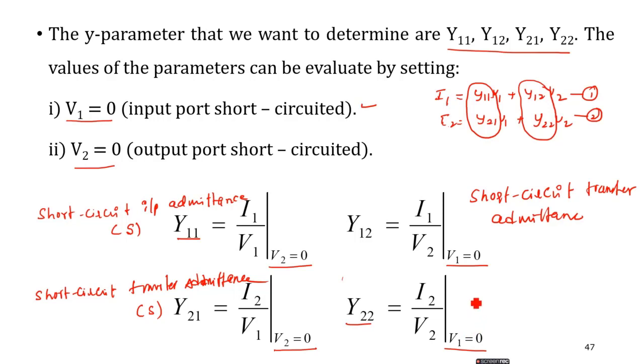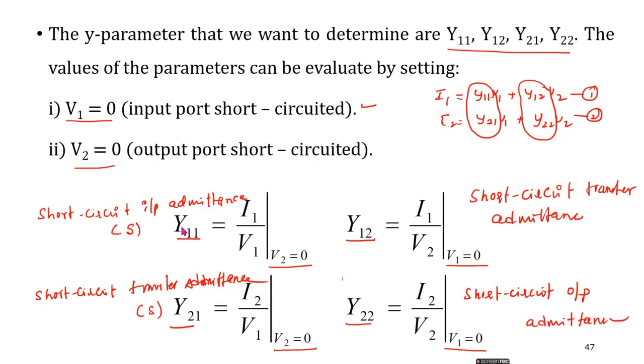Y22 is called the short circuit output admittance, instead of input. So here we can observe that the Y21 and Y12 namings are the same. They are both called transfer admittance. One is the forward transfer admittance, another one is the reverse transfer admittance.